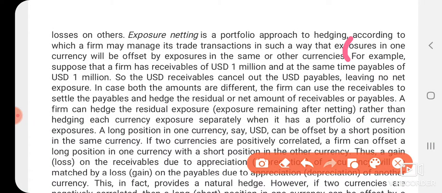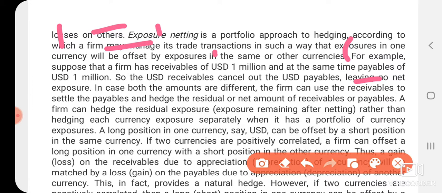suppose that a firm has receivables of 1 million US dollars. Think that India, or any country, is receiving 1 million US dollars. At the same time, they also have payables of 1 million US dollars. See that receivables are 1 million and payables are also 1 million. Is there any balance or any profit to them?